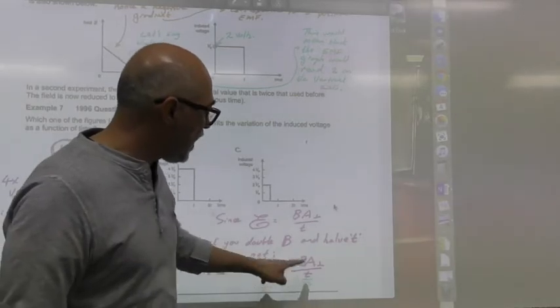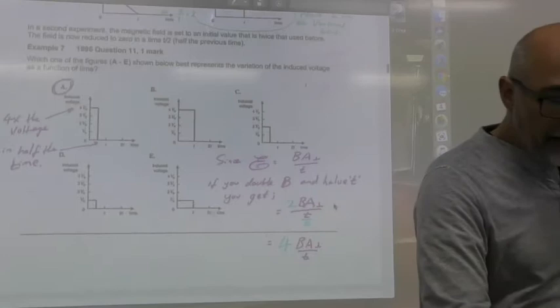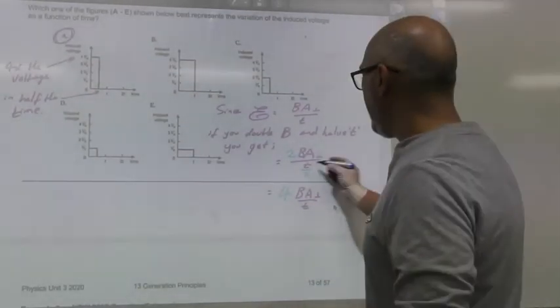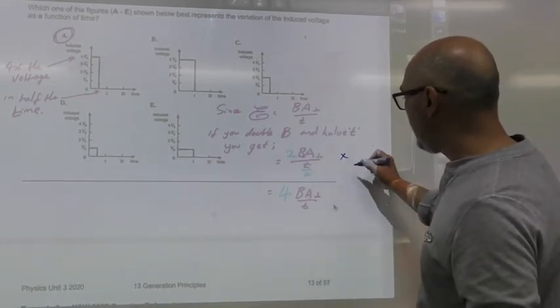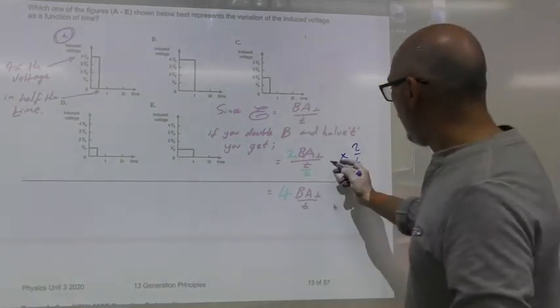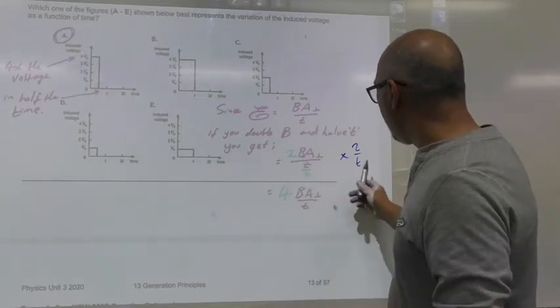So when you halve the time and you double the field, using your rules of fractions, dividing by t over 2 is the same as multiplying by 2 over t, the reciprocal, okay? So that's why you end up with 4BA over t.